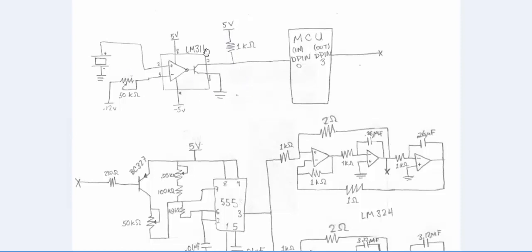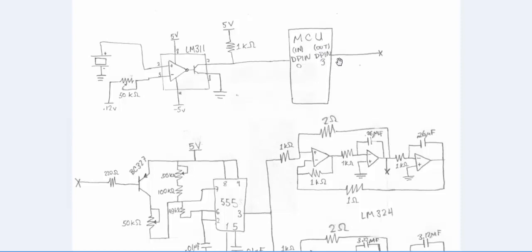The output of the voltage comparator is taken to the microcontroller unit. In this case we were using an Arduino board, Arduino 1. We have digital pin number 0 as the input and digital pin number 3 as the output. It's a very simple program that this microcontroller runs, which we are going to explain later in the code.